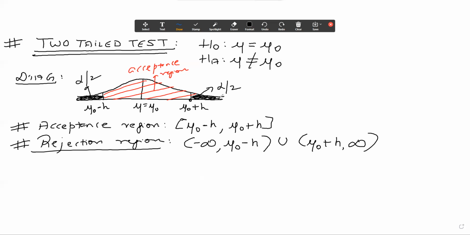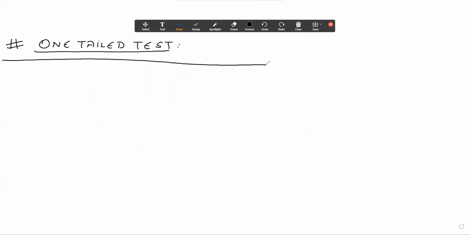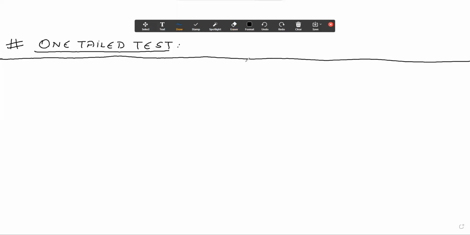Okay. Now, this was two-tailed test. Now let's do one-tailed test. Now guys, one-tailed test can further be categorized into two parts.